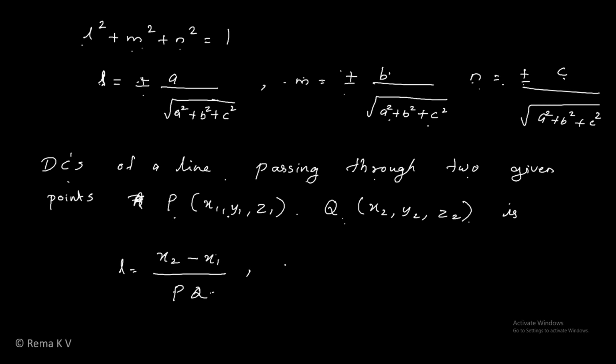Then m equals y2 minus y1 divided by PQ, where PQ means the magnitude of PQ. And n is equal to z2 minus z1 by PQ. PQ is the distance between the two points P and Q, which can be written as root of (x2 minus x1) whole square plus (y2 minus y1) whole square plus (z2 minus z1) whole square.